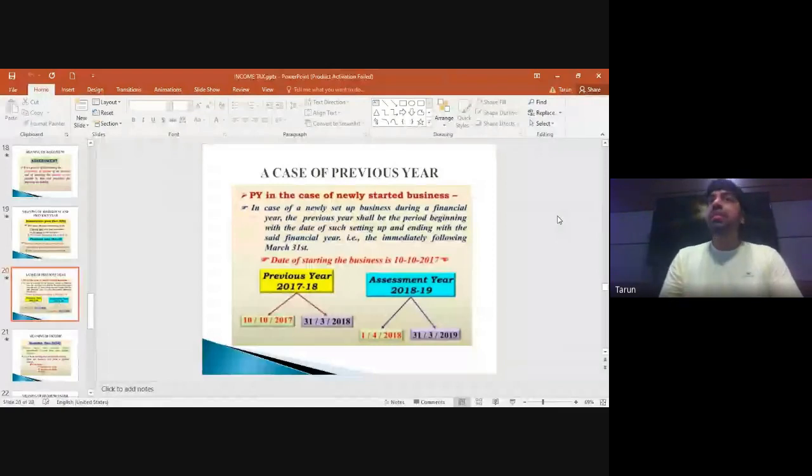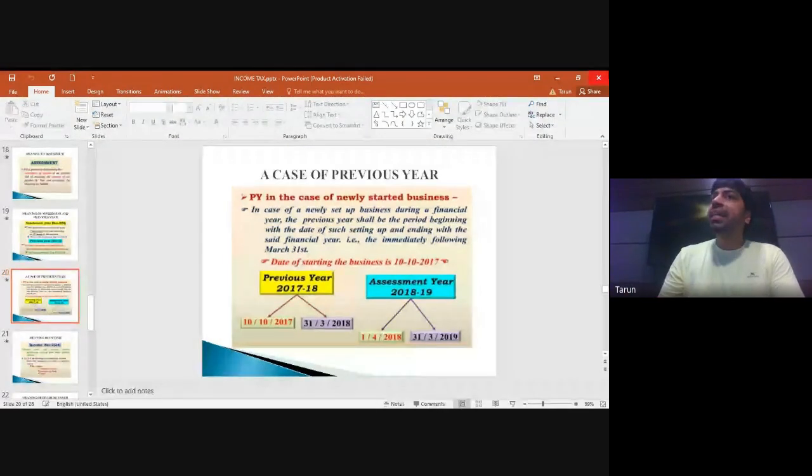It means this particular business's financial year will be counted from 1st April 2021 and will end on 31st March 2022, right? And the assessment year would be 2023 to 2024.